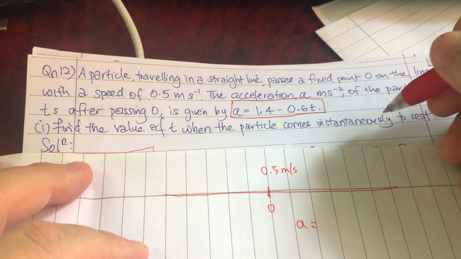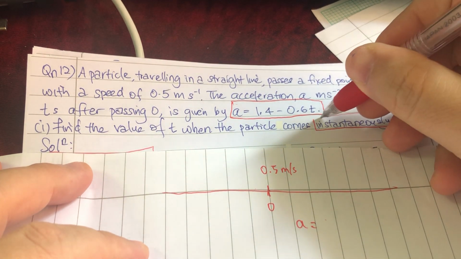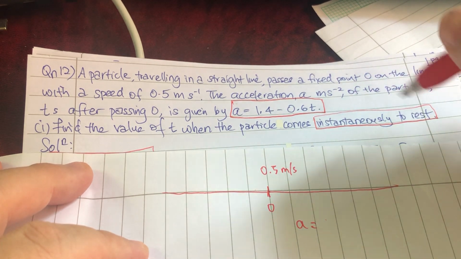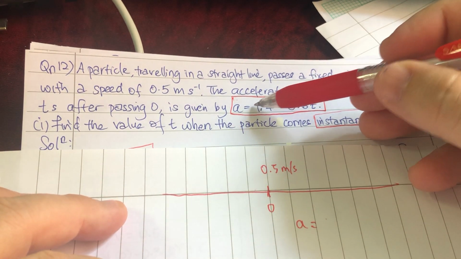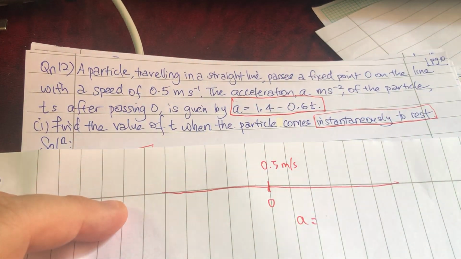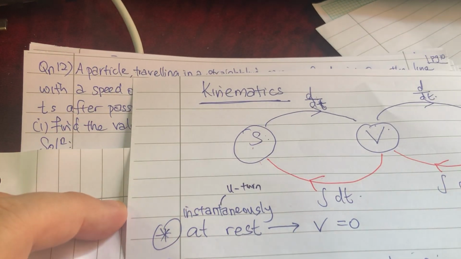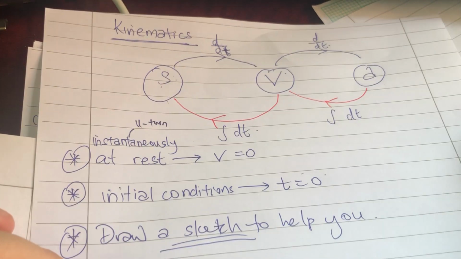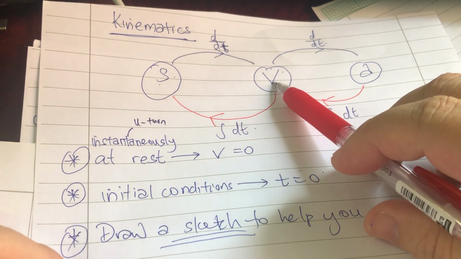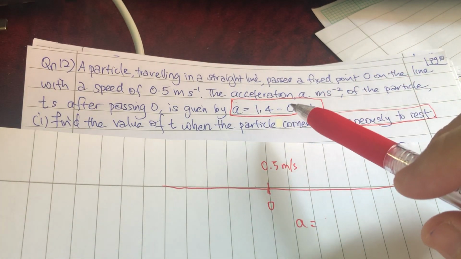So we know that whenever you say instantaneously at rest, it means that the velocity is 0. But we are not given velocity here, so of course we need to use what we know from this. I'm showing you this every day so that it gets into your brain. So we have the A, we want to go to V, so we integrate the A. So that's the whole idea.